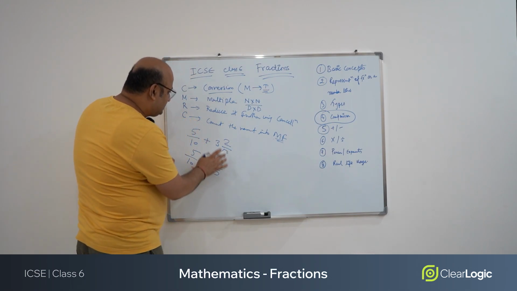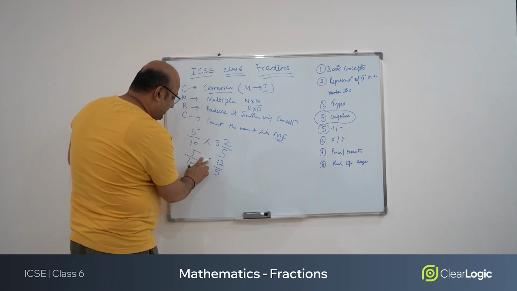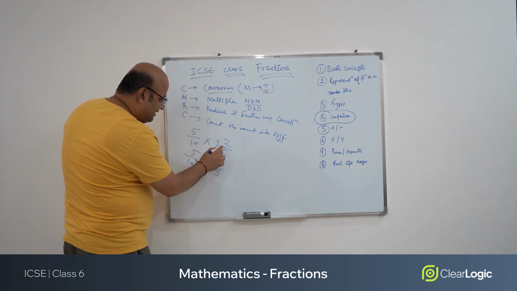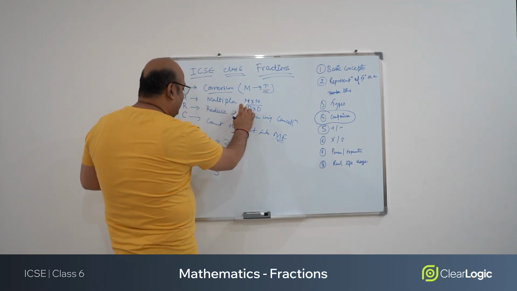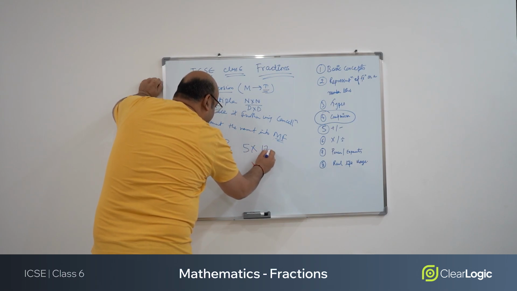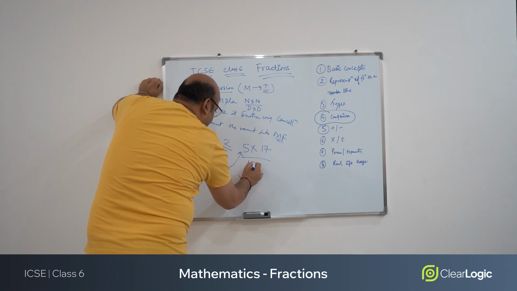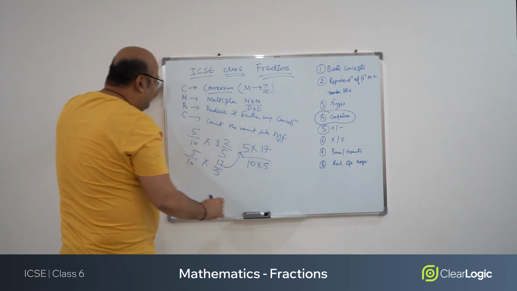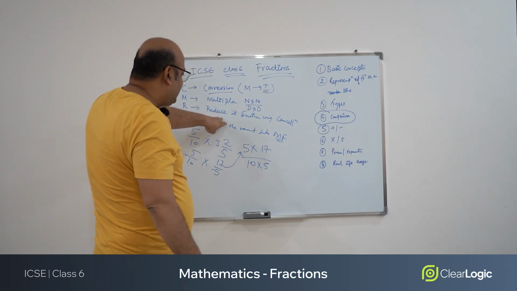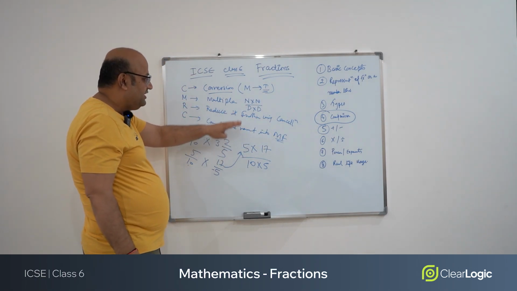Now here, this is not addition, this is subtraction, multiplication, sorry. So we'll be converting first, and then we'll multiply. So this will be 5 multiplied by 17, and from here, 10 multiplied by 5. And now we'll be checking whether we can reduce this further using cancellation.